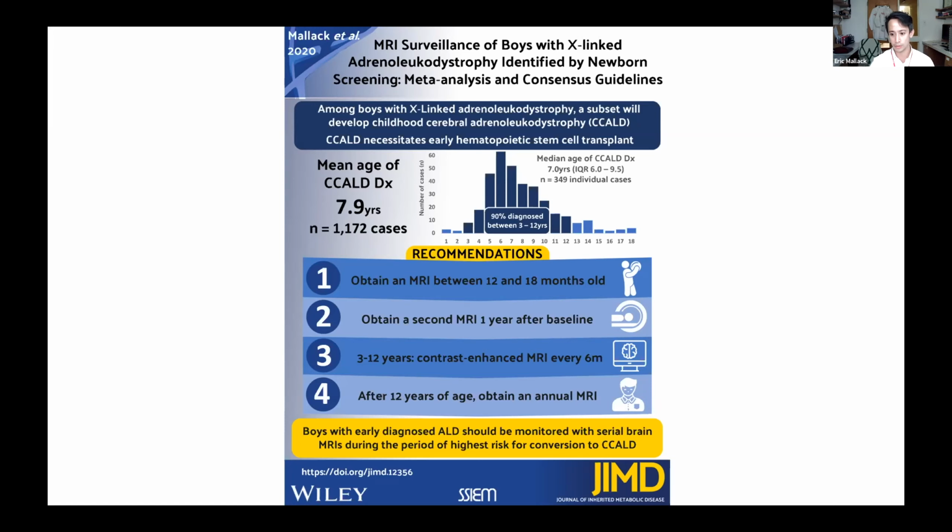So one of the fallout conclusions was we actually don't recommend getting an MRI at birth between 0 and 12 months old. We recommend the first MRI to happen around 1.5 years old, which is a departure from some of the previous recommendations. So that's ALD MRI screening.